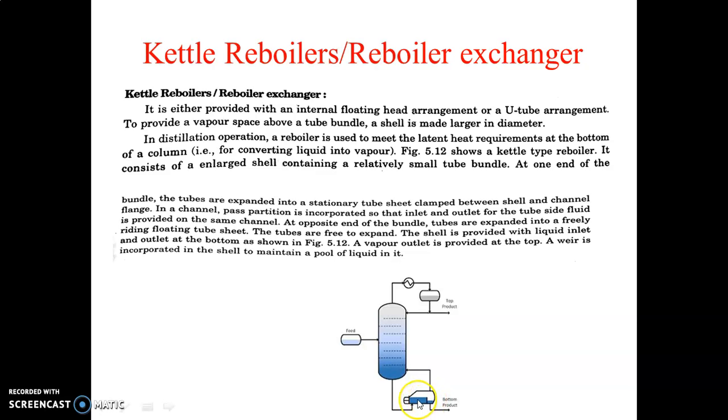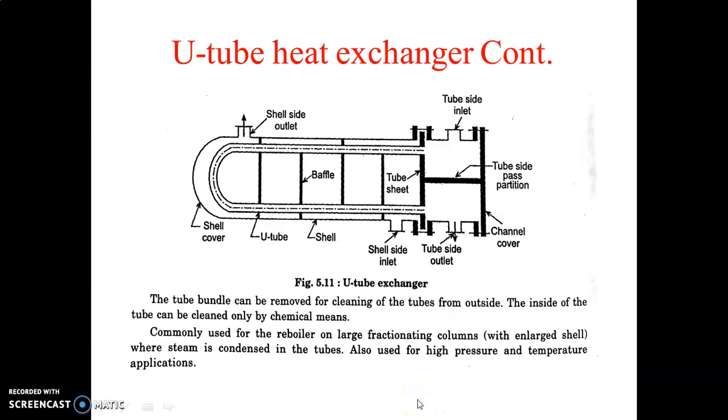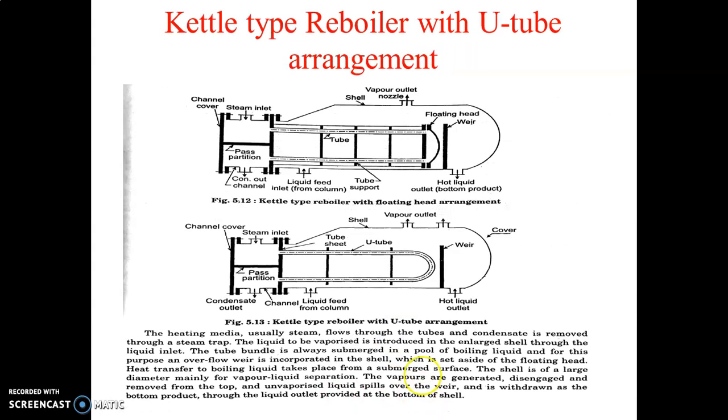So the vapors are created here. These vapors are fed to the distillation column through this nozzle, and the unvaporized liquid, that means the bottom product, is taken out from here.